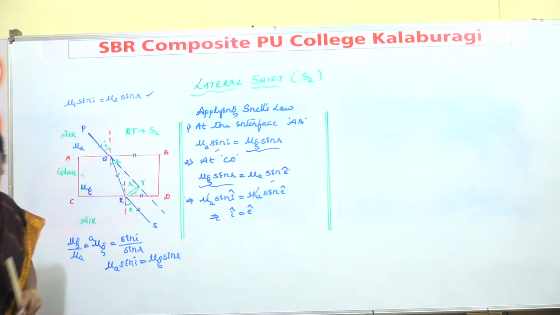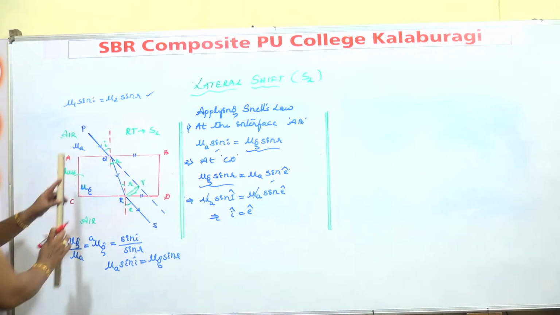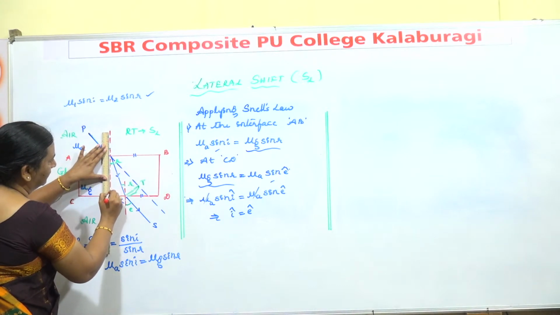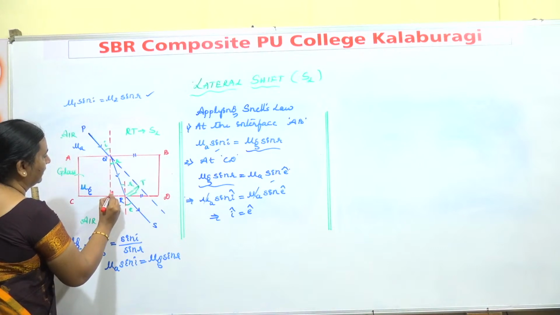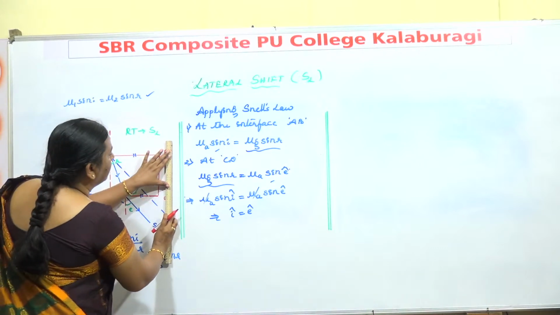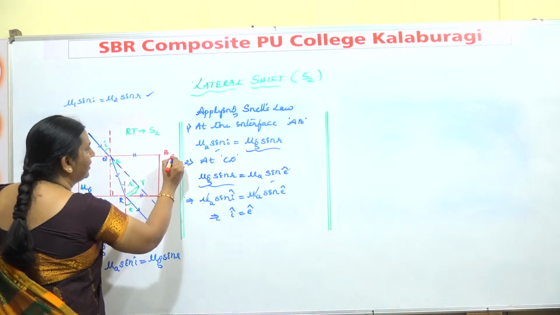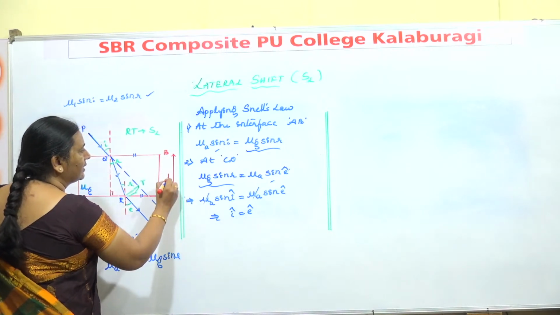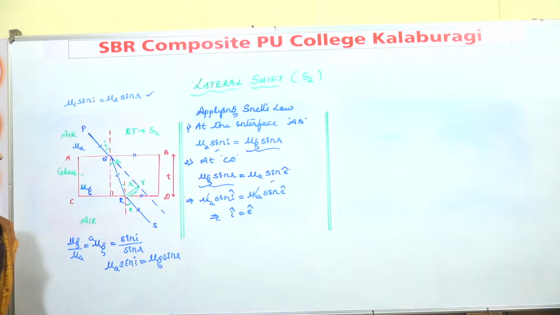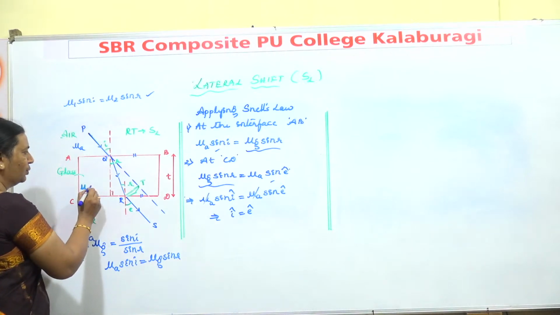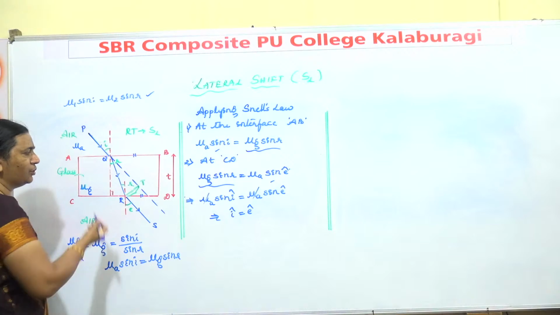For calculating that, let me produce this normal. This right angle. And let us take the thickness of this glass slab as T. T is the thickness of the glass slab, children. Well, let me take the refractive index of this as mu g. That is almost not required now, geometry.